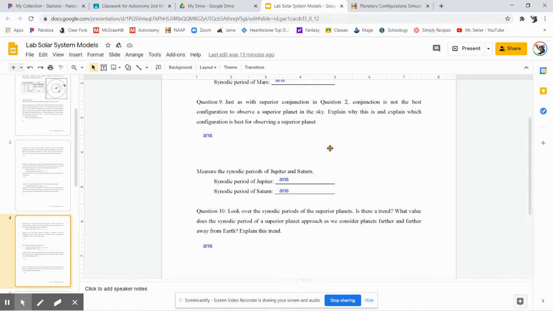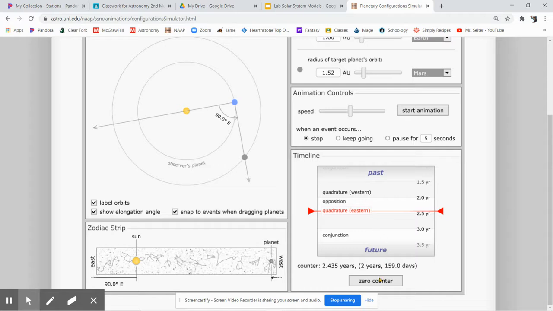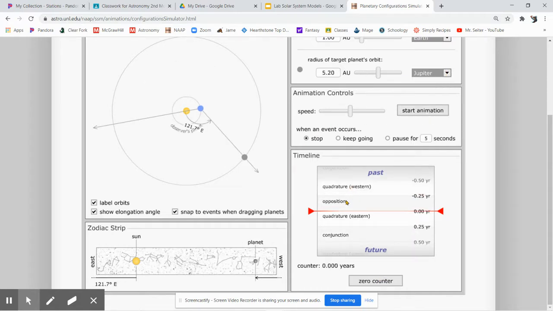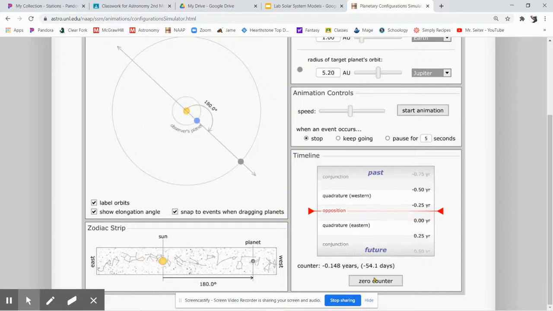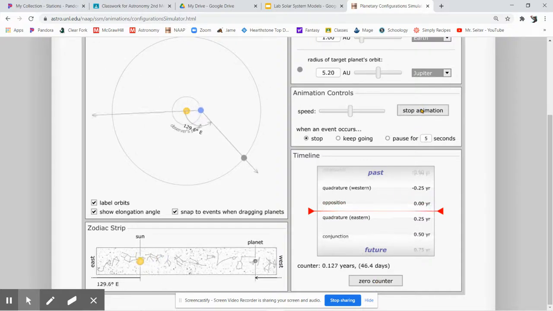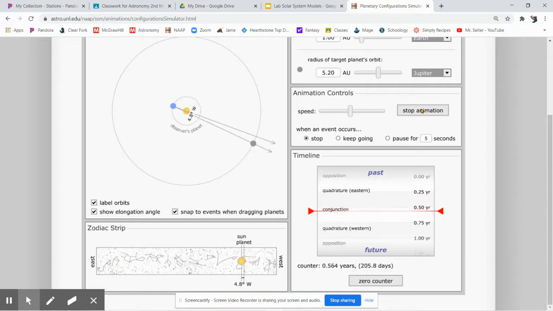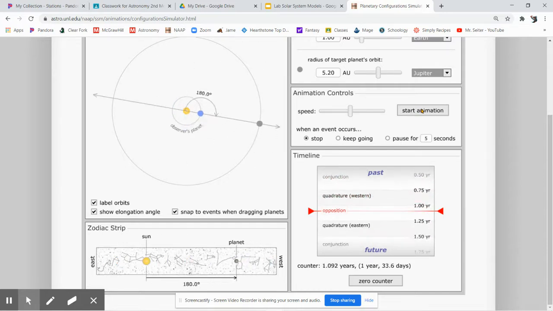All right. Measure the synodic period of Jupiter and Saturn. So now we're going to zero out that counter. We are going to put Jupiter here. Let's put it in opposition. Boom, 0. Let's check that animation. How long will it take it to get back to opposition? Notice how fast the Earth moves around there, right? So check it out.